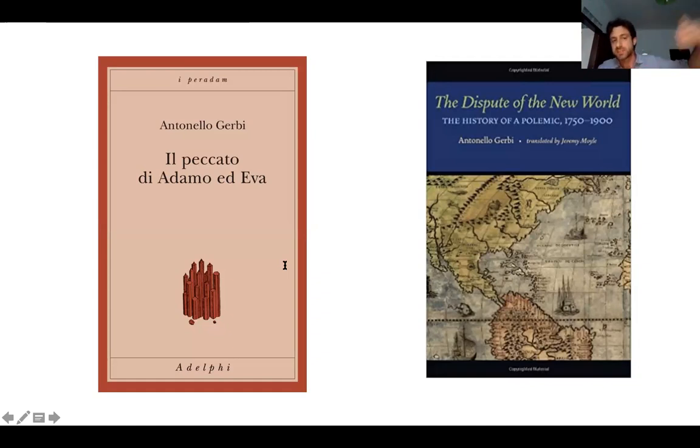The book of Gerbi starts from Beverland, and you did a great job reconstructing the story behind Beverland, trying to show how the roots of this idea sank in the early modern Mediterranean.